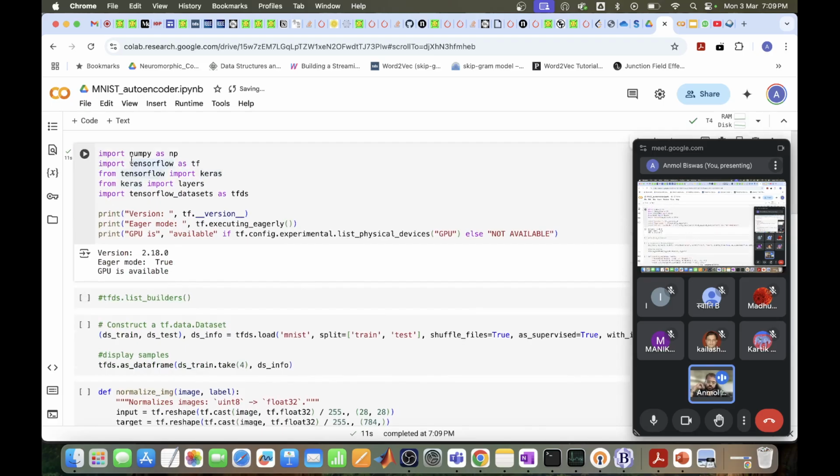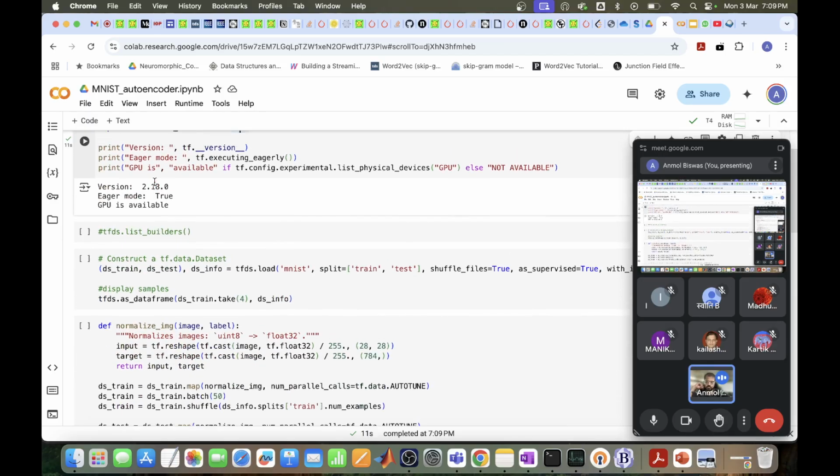We'll use TensorFlow here, which is one of the frameworks for deep learning. We're also using Keras, which helps make the work of building models very simple. And we are using TensorFlow datasets to grab our MNIST dataset and work with it, right? So these are the main things over here.